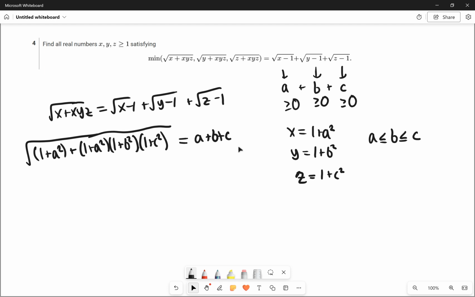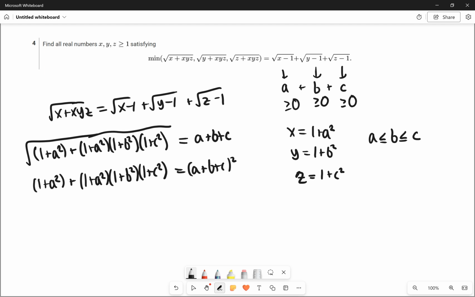Now we can square both sides because we have only one square root, and all the square roots vanish from the problem. So we have 1 plus a squared plus 1 plus a squared times 1 plus b squared times 1 plus c squared is equal to a plus b plus c squared.